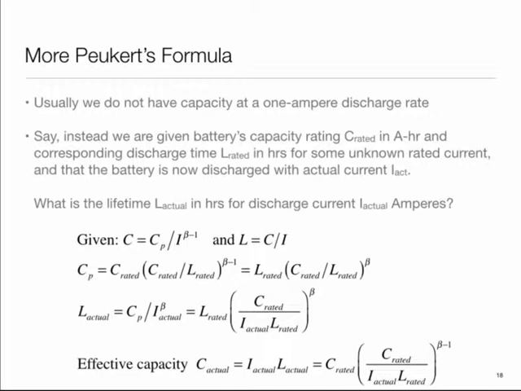I'm not going to walk through this, but to apply Peukert's formula, you have to take that rated capacity, which is usually given for a 20-hour lifetime, convert it into a current, and feed it back into this formula, because what you need is C_p, that constant corresponding to 1 ampere discharge time. So some algebra needs to be done to apply Peukert's formula.